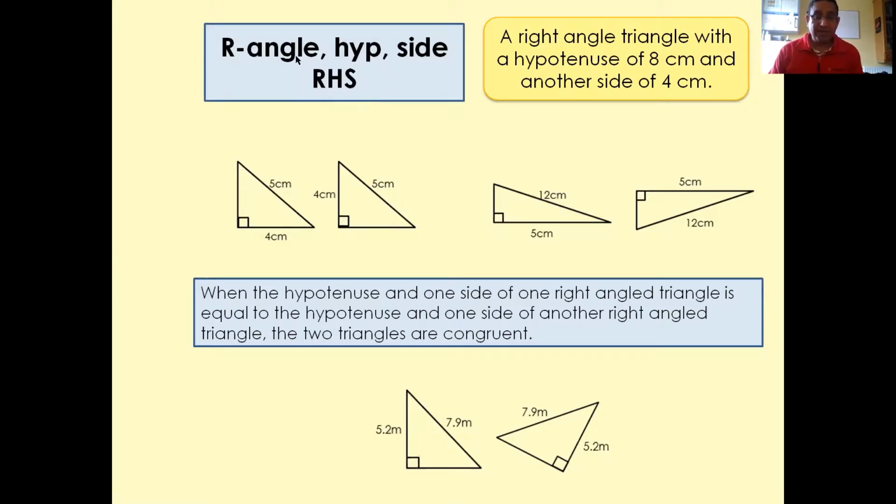R is for right angle, H is for hypotenuse, and S is for side. The same thing again: if the hypotenuse and the right angle in one triangle are equal to the other, then the triangles are going to be congruent.